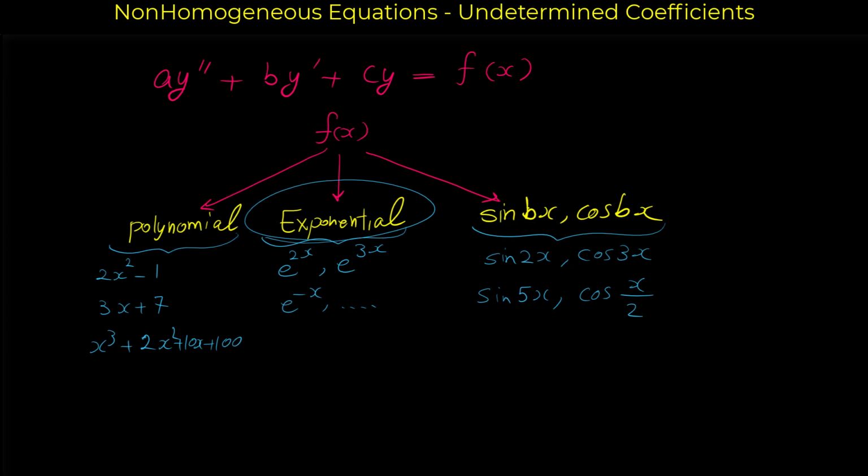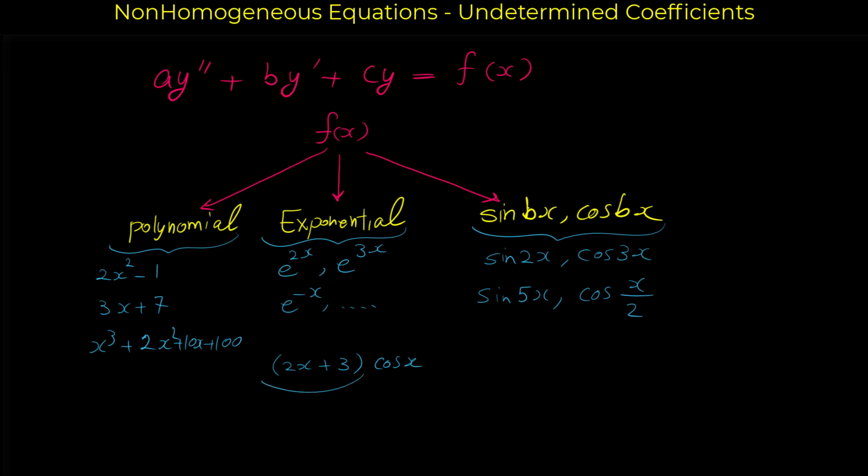For example, let me show you some examples of combinations or products of these functions. For example, f of x can be something like 2x plus 3 times cosine of x. If we have f of x in this form, it's completely fine because this part is a polynomial and this part is of this type.